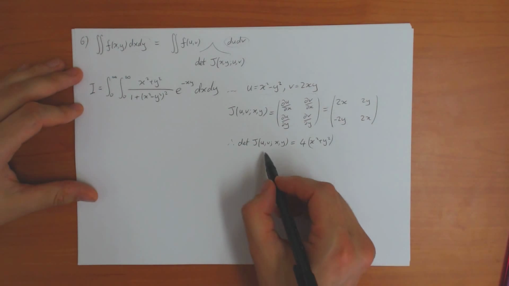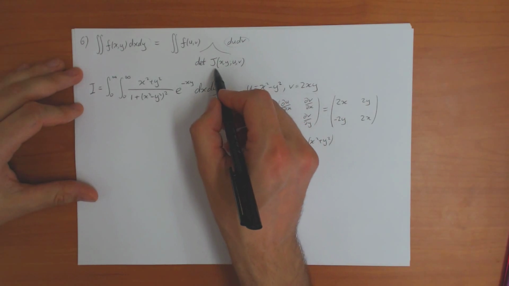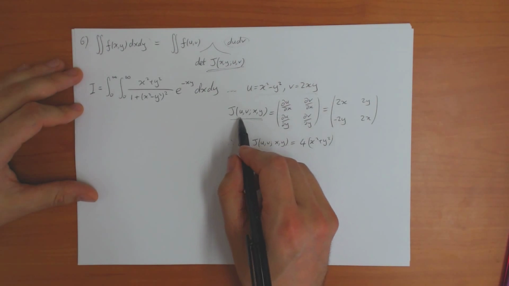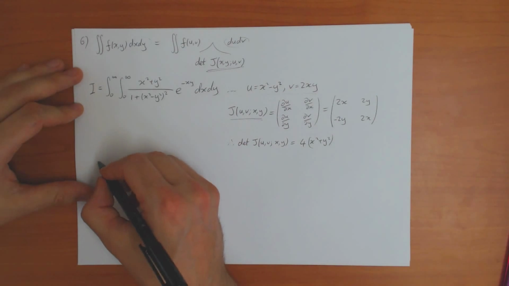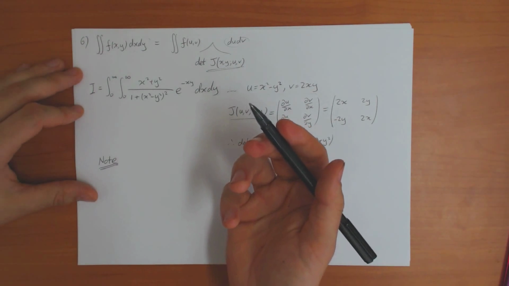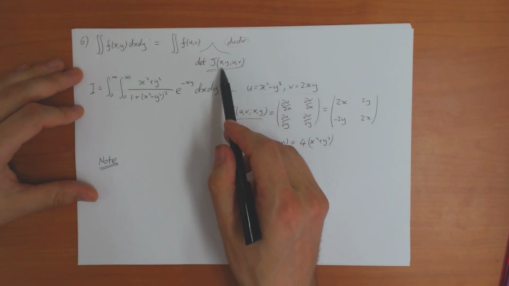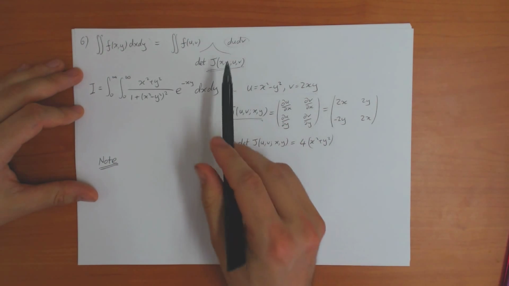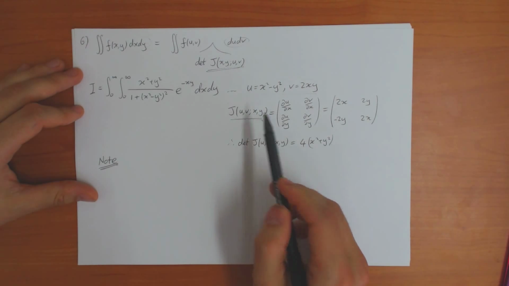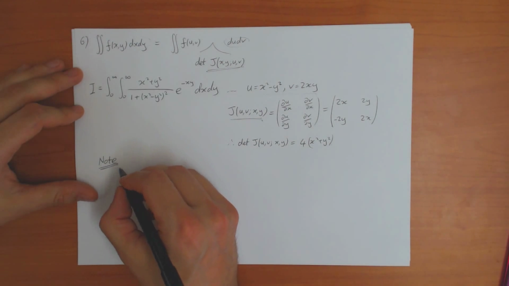Now, as I said, it's not quite the matrix we want, because we wanted the matrix from xy into uv. And what we found is the matrix from uv into xy. But it's hopefully not surprising that these are inverse matrices of each other, right? Because if you do one and then the other, that's the same as going from xy into uv and then back to xy. So that should be the identity matrix.